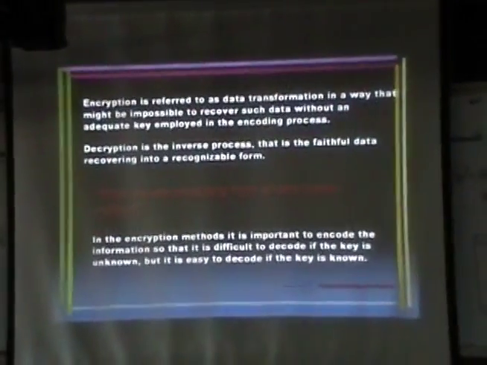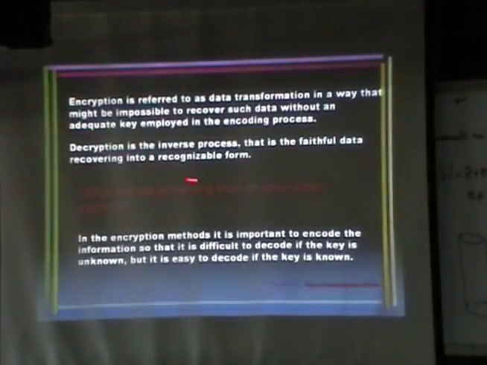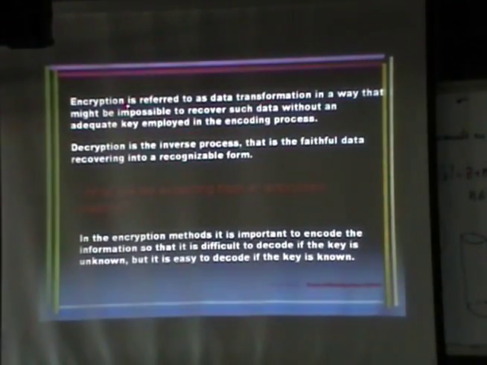Well, here are some points that should be remarked. Encryption is a data transformation of an image in a way that might be impossible to recover such data without an adequate key, this adequate key that was employed in the encoding process.